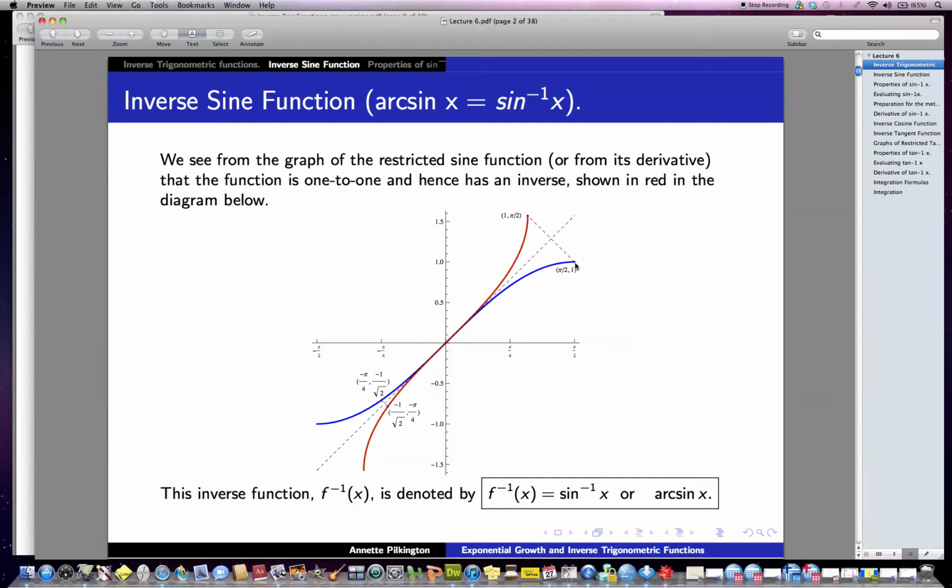Because the point pi over 2, 1 is on the graph of the restricted sine function, the point 1, pi over 2 is on the graph of sine inverse of x, and that means that sine inverse of 1 equals pi over 2.